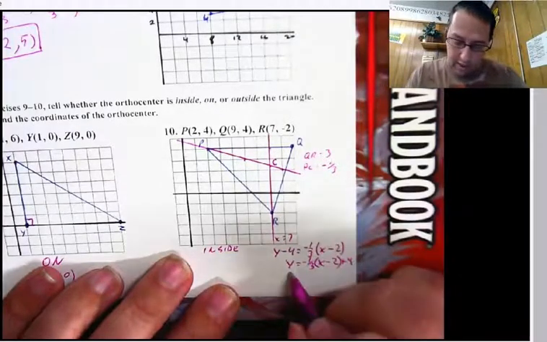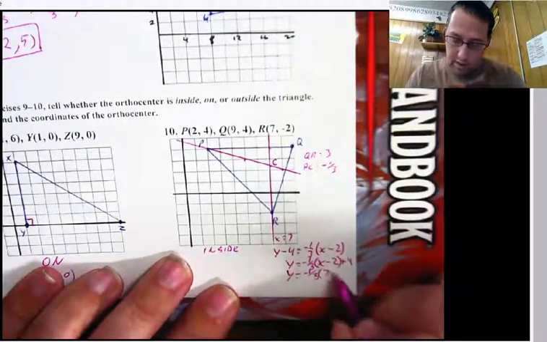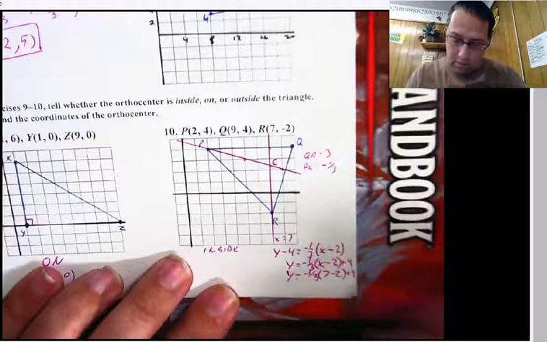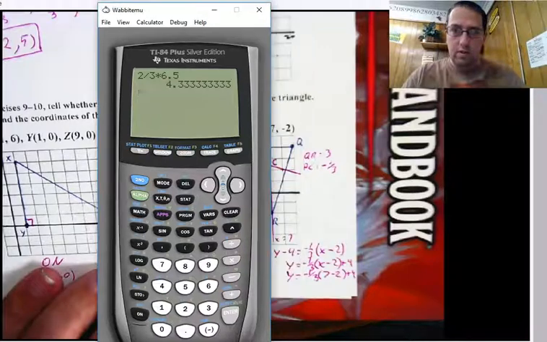I'm going to plug a 7 in right there. y equals -1/3 times (7 minus 2) plus 4. And I'm just going to stick this in the calculator because I'm feeling lazy right now. Move that over so I can see what I'm doing. And I have -1/3 times (7 minus 2) plus 4.